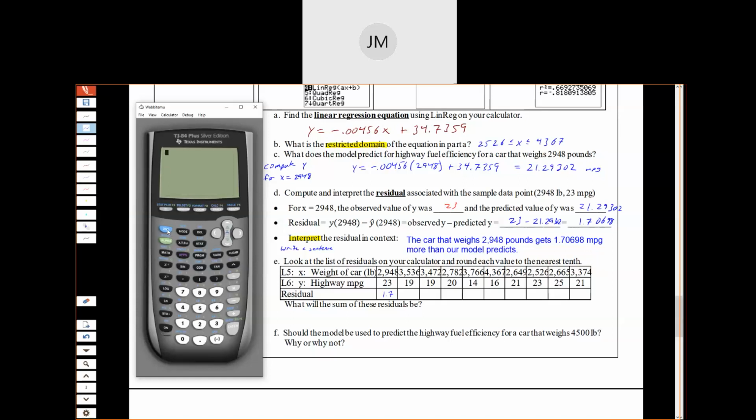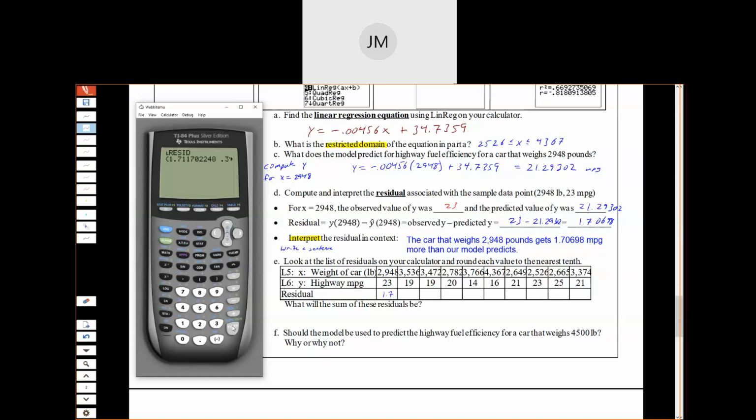Okay, sorry. Here's where your calculator stores the residuals. If I look above the stat button, there's list. This gives me the list that I have in my calculator: L1, L2, 3, 4, 5, and 6, and it also has the residuals on there.